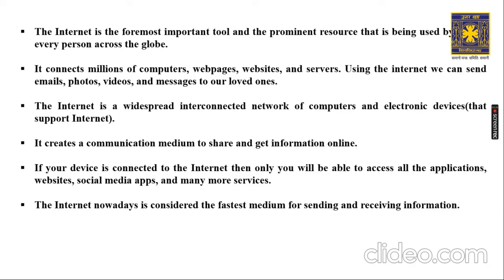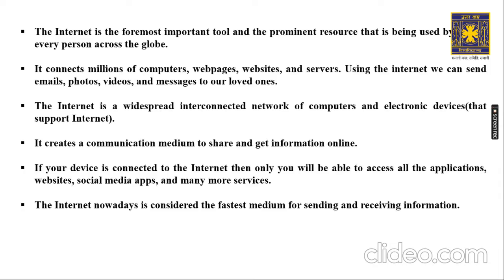Suppose you are using IoT, then you can connect your washing machine to the internet. That means from any other place you can control your washing machine, or your fan, lights, etc. You can do that with the help of IoT, but the devices should be IoT enabled. You cannot connect a normal electronic device to the internet.